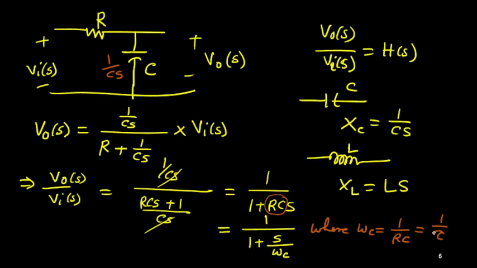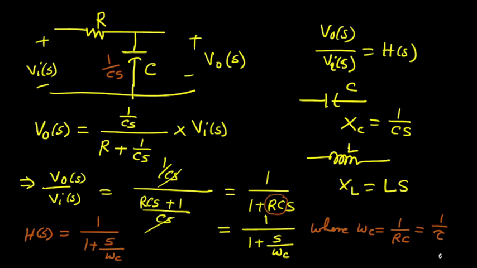So what you are getting, this H of S is becoming of this form, 1 upon 1 plus S upon omega c, and I'll show you that this will behave as a low pass filter. So we'll try to understand what is the magnitude response for this system, this RC system. Okay.